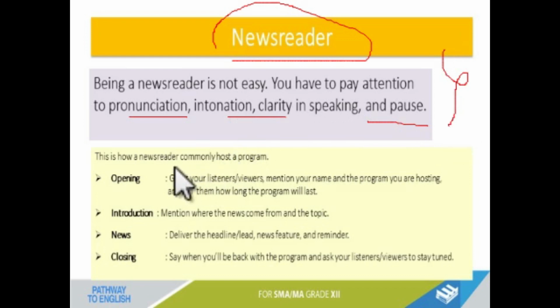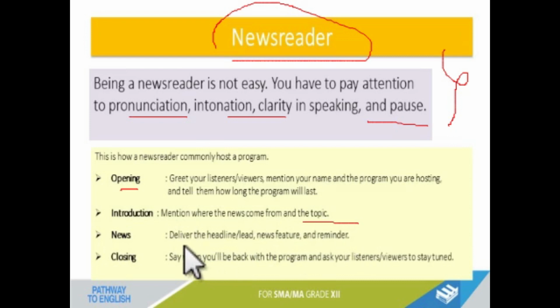And then this is how news readers commonly host a program. First, opening: greet your listeners or viewers, mention your name and the program you are hosting, and tell them how long the program will last. So this is the opening for a broadcaster. After that, introduction: mention where the news comes from and the topic about.